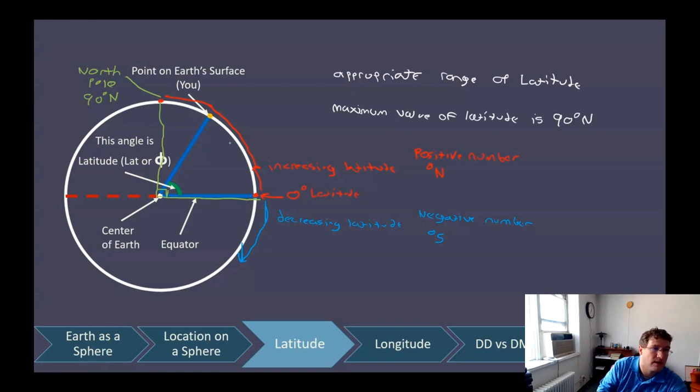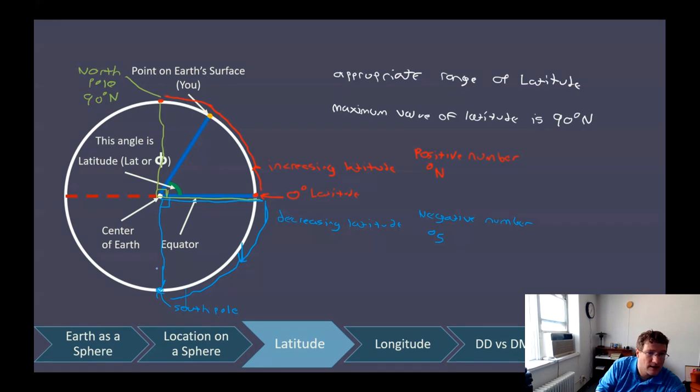If you ever see negative, assume that you're going south of the equator. Let's do the same thing we did before. Let's assume that we keep going until suddenly we hit the South Pole. We know the definition of latitude is your distance north or south of the equator, so if we draw the angle between the equator and you standing at the South Pole, by definition we're going to get a 90-degree angle.